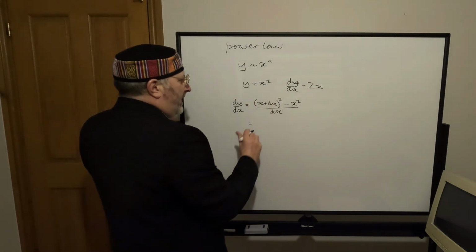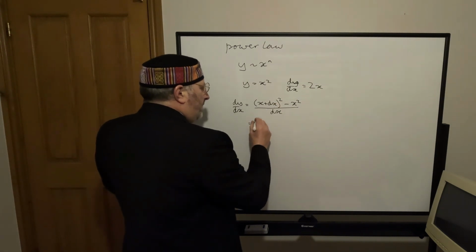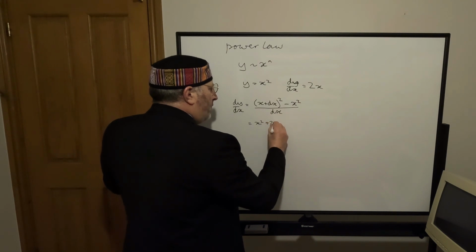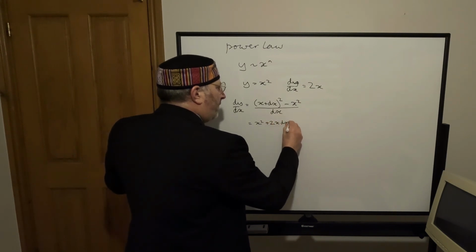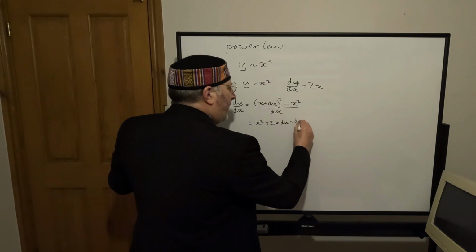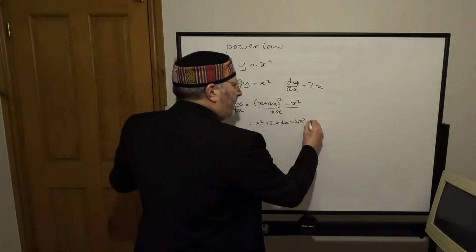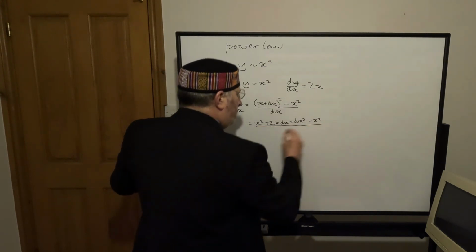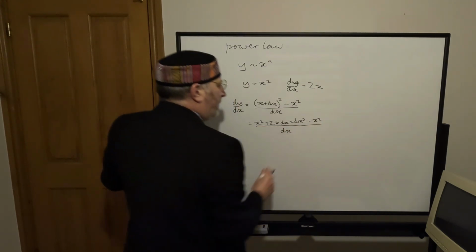Well, for x plus dx squared we just need to multiply out the brackets. So that's x squared plus 2x dx plus dx squared. And then it's minus x squared, and that's all over dx.